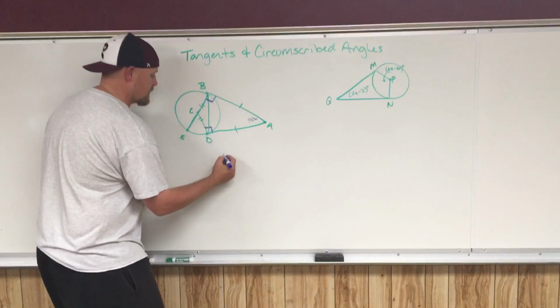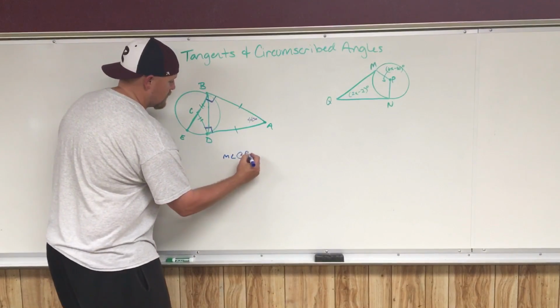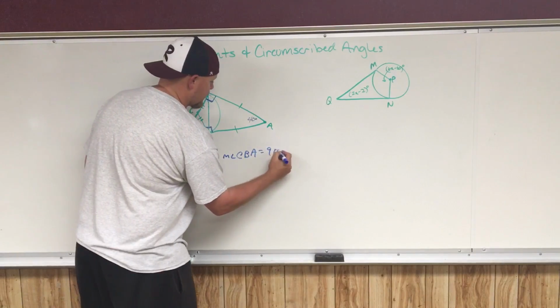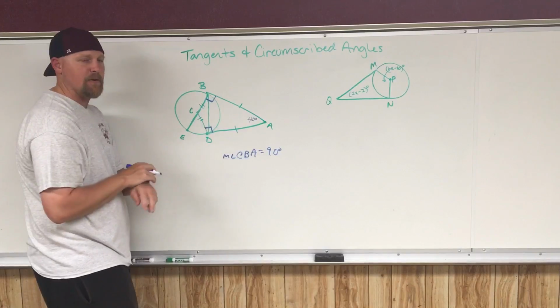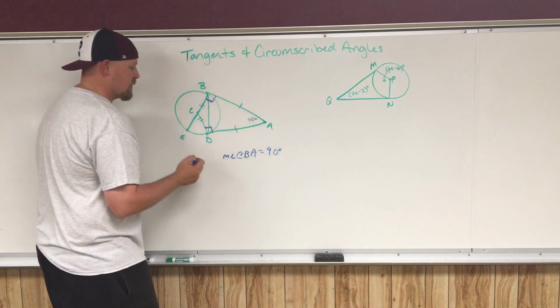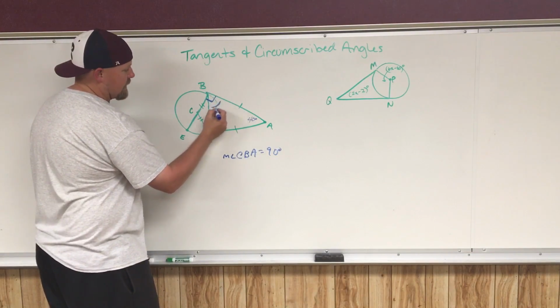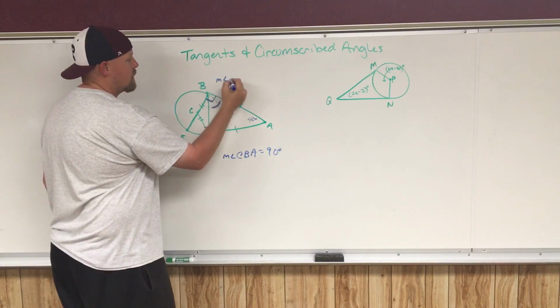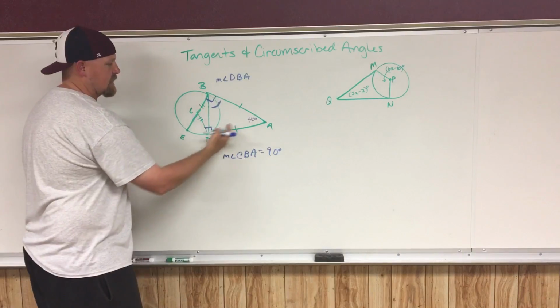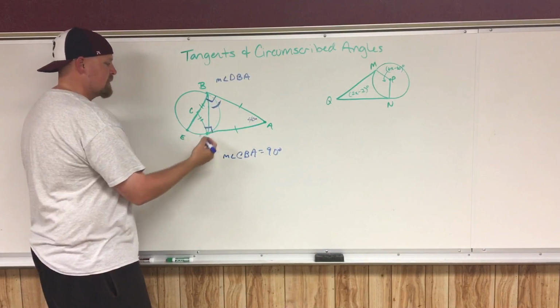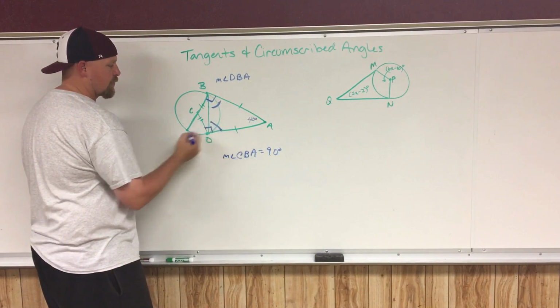Okay, so I know that the measure of angle CBA is 90 degrees because of the property of a tangent line and the radius or diameter where they intersect. But that also means that I can find this angle right in here, angle DBA. Well, because this is an isosceles triangle, then I know that these two angles here are congruent.